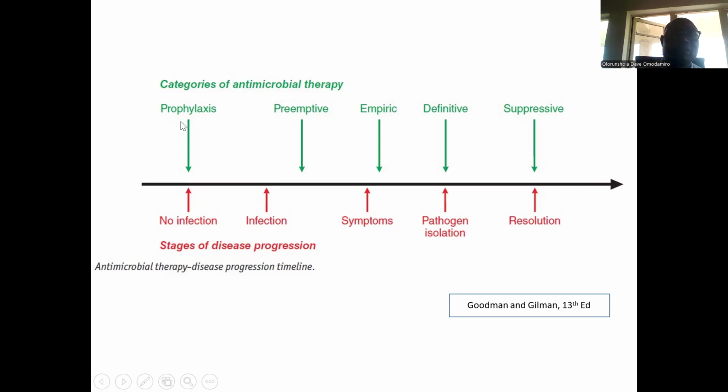What we mean is prophylaxis: no infection, but we are just trying to prevent infection. While the preemptive, there is infection, we are trying to eradicate it. And this one, you're eradicating the symptom. This one, definitive, is where the pathogen has been isolated, then the suppressive.